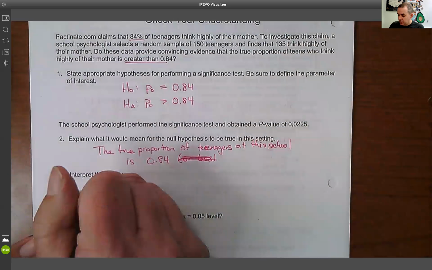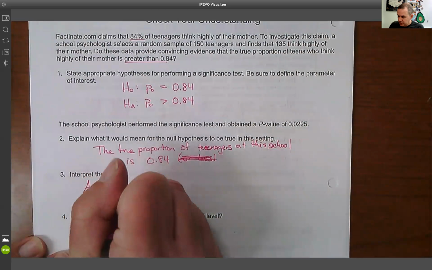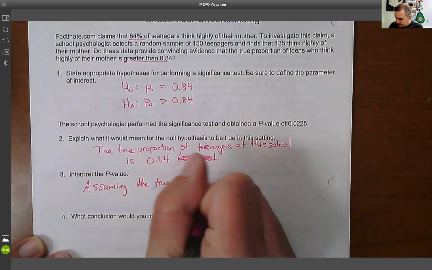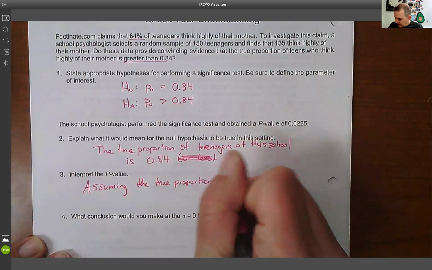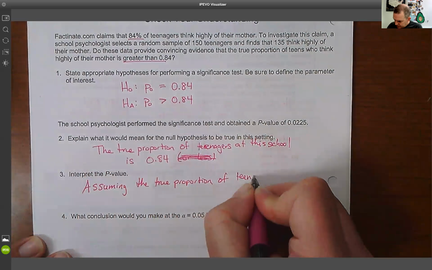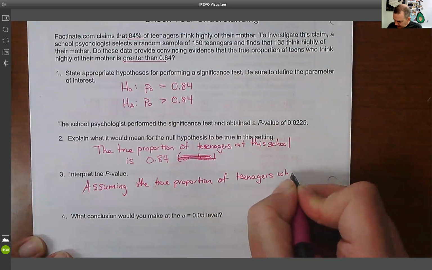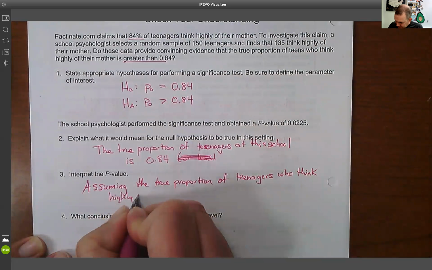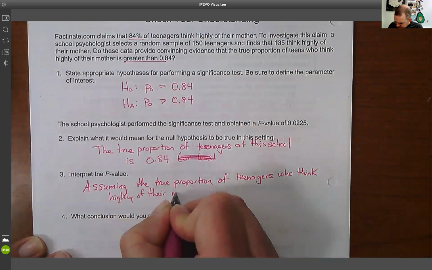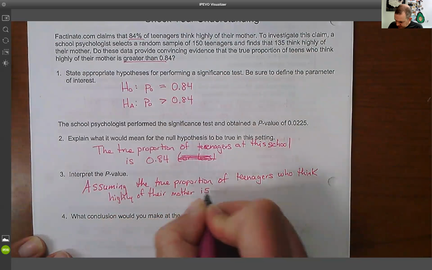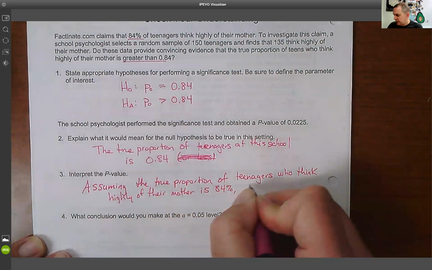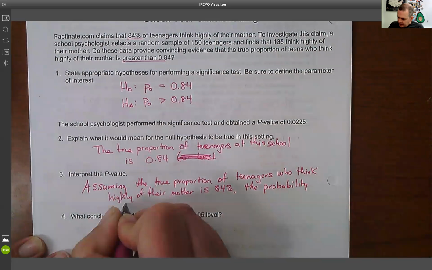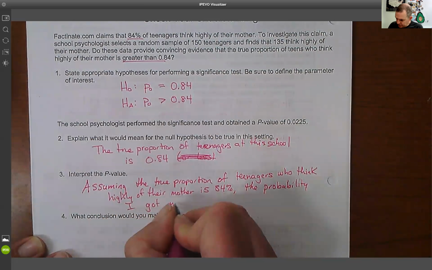Interpret the p-value. This is a phrase: assuming the true proportion of teenagers who think highly of their mother is 84%, the probability I got my observed result.